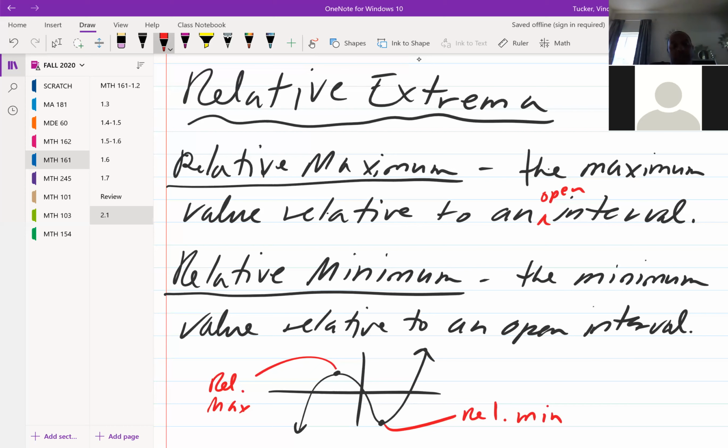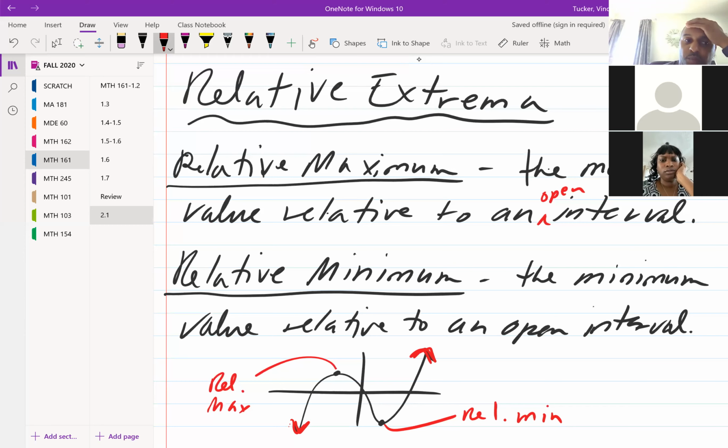And just a generic example, if I have this graph, notice that there is not a maximum or a minimum because it goes on to infinity in this direction, which would cancel out any max you have, because that's infinity. And then it goes on to infinity in this direction. So that will mess you up as far as finding a smallest value possible.